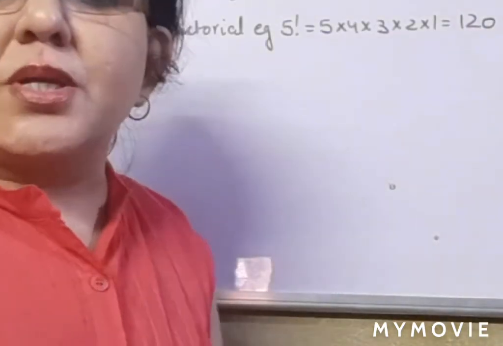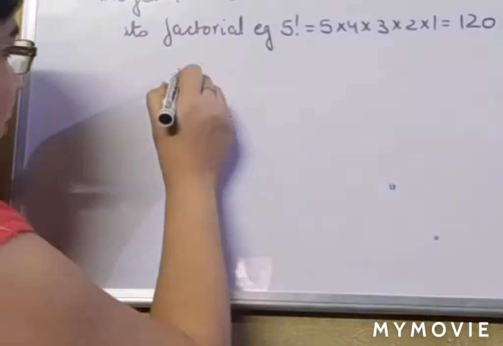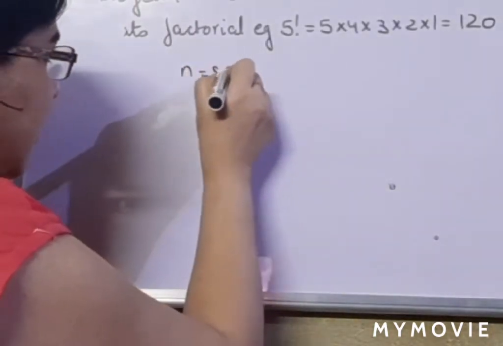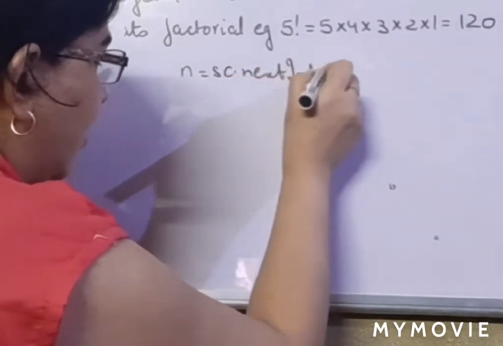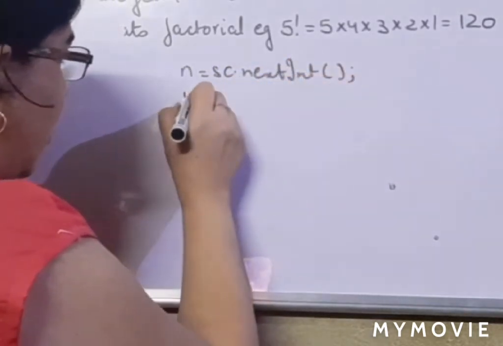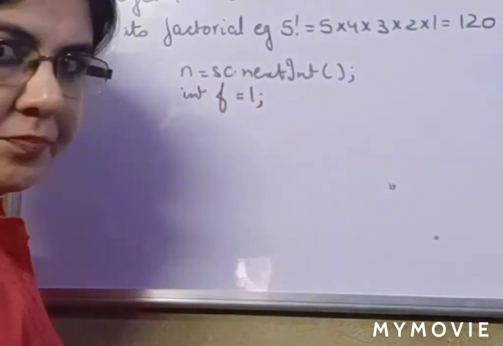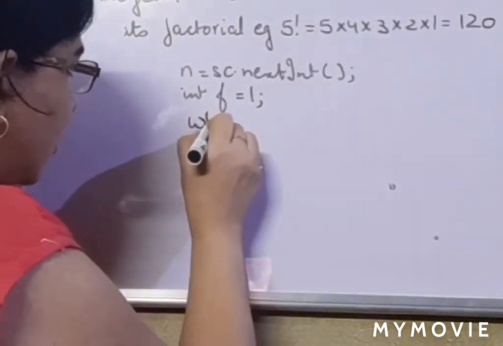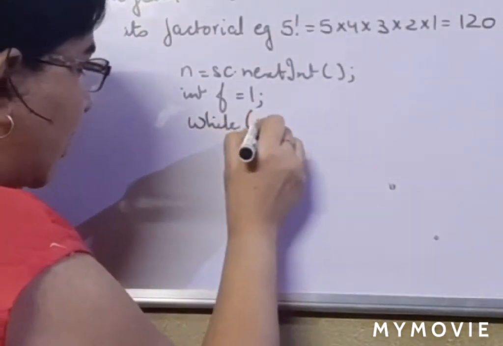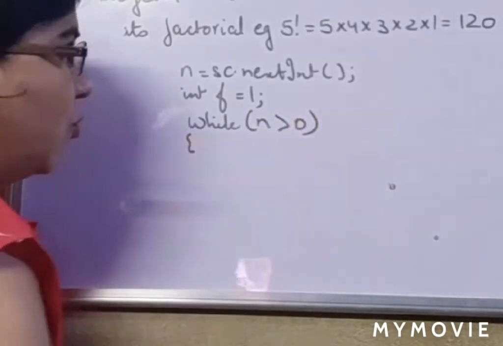So let's see how to make the program on factorial. Suppose we have taken n as a number from the user. So we will keep here int f is equal to 1. Right? Now, what we have to use in the while logic, while n greater than 0.